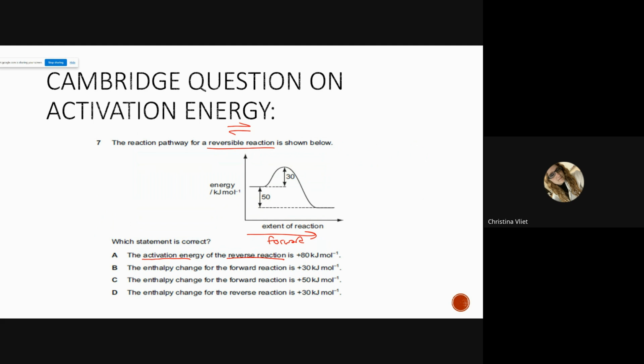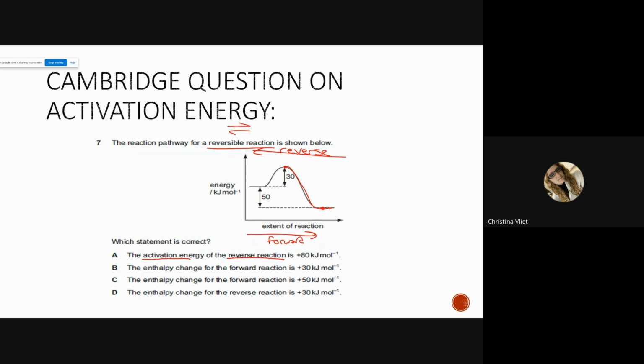If we look at it the opposite way, we call it the reverse. Remember, in the reverse reaction, your products are actually your reactants. It's reversed. So the reverse reaction actually means you're starting here and ending here. What is the activation energy for your reverse reaction? What do you think?